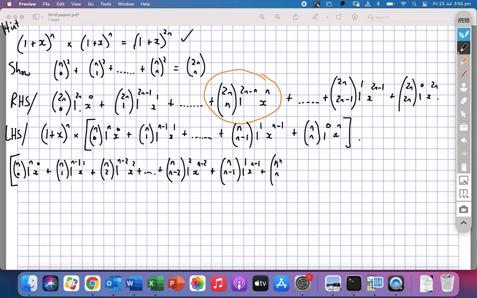N choose n, 1 to the 0, x to the n. But all of that is multiplied with itself, right? So I would have to write this whole thing out again. And I'm not going to fit it, so I'll just put the first term and the last term in, but you can see what I'm doing.